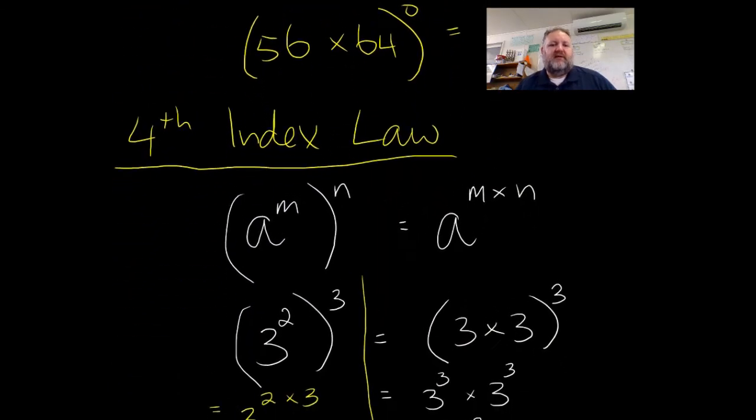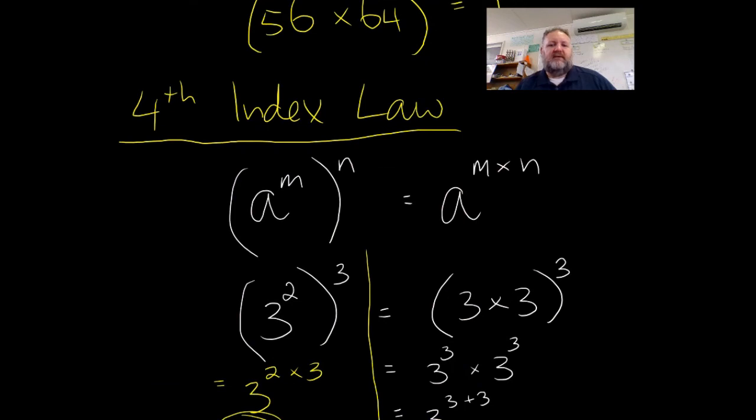Then we've had the fourth index law, which is known as the power of a power law. Okay, so good recap so far. We will go to the fifth index law.